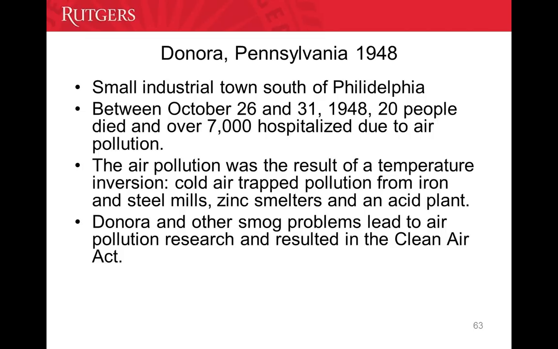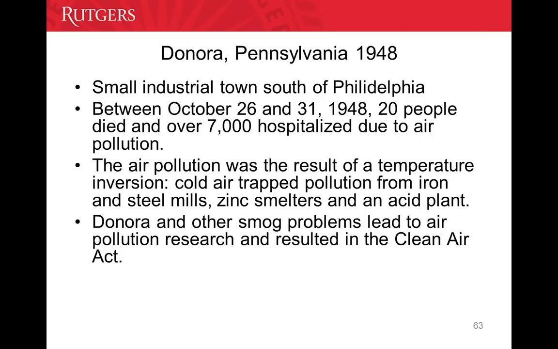There was an air inversion in which the cold air trapped the materials that were coming off of the processing plants, zinc, acid plant, steel mills, iron mills, and because there was a temperature inversion, not ozone, but temperature inversion, that air and those pollutants stayed close to the ground and affected these 7,000 people, 20 of whom died in this small town.